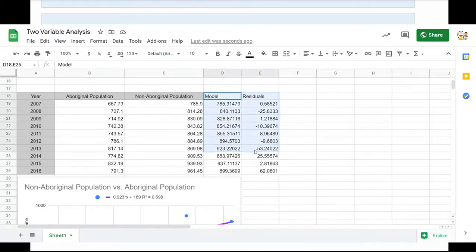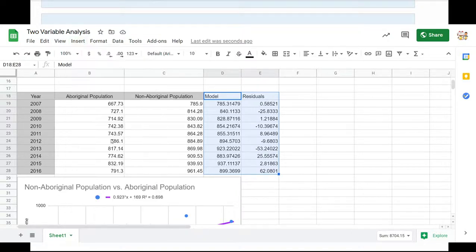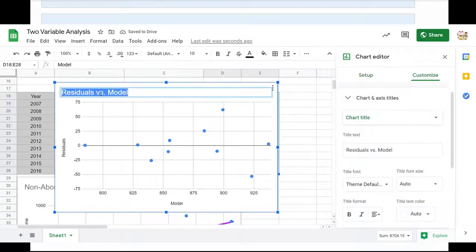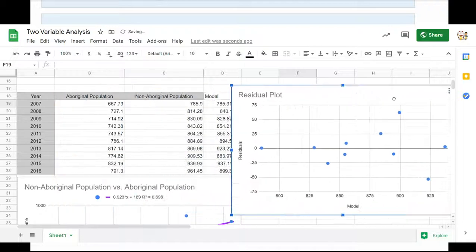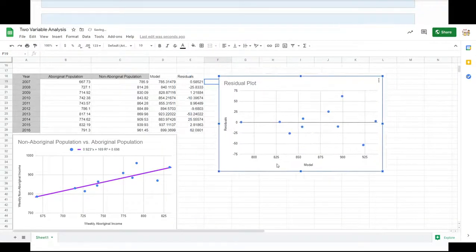What we're going to do next, highlight our two columns, insert chart, already as a scatter plot, which is perfect. I'm going to change the title to residual plot. And what we can see here now, scroll out a bit, is that our 0 is essentially our line of best fit.